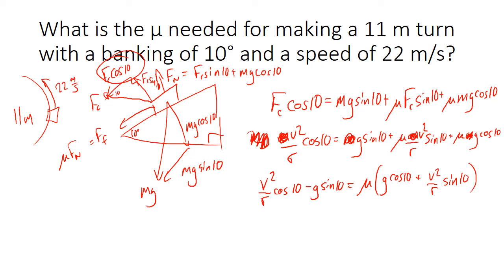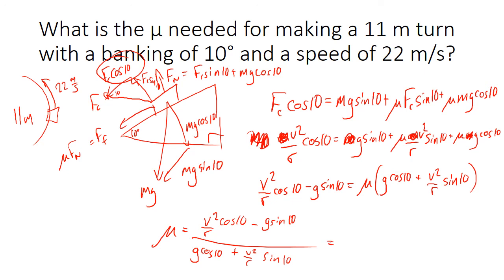All right, so mu is going to be v squared over r cosine 10 minus g sine 10, divided by the big one, g cosine 10 plus v squared over r sine 10.